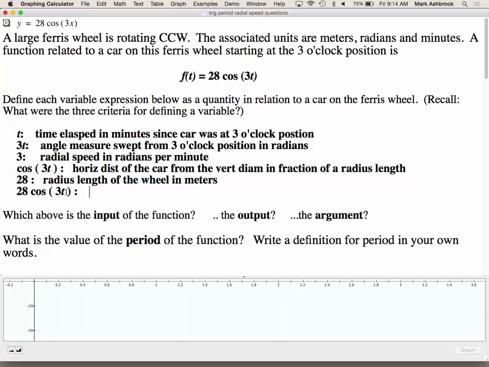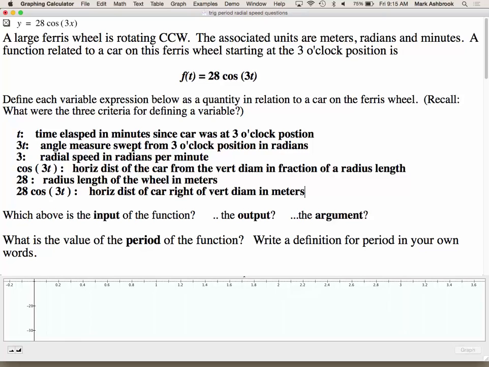Right, if the whole radius length is 28 meters and cosine is whatever fraction of a radius length we are to the right or left, then taking that fraction of 28, we get the horizontal distance of the car from the vertical diameter, now in meters.